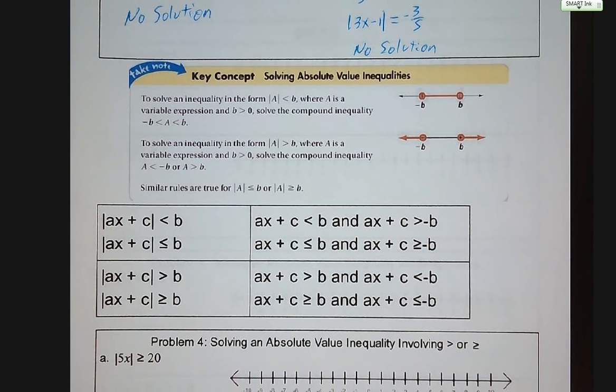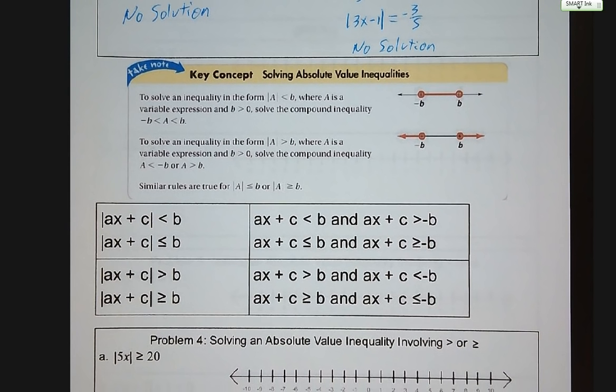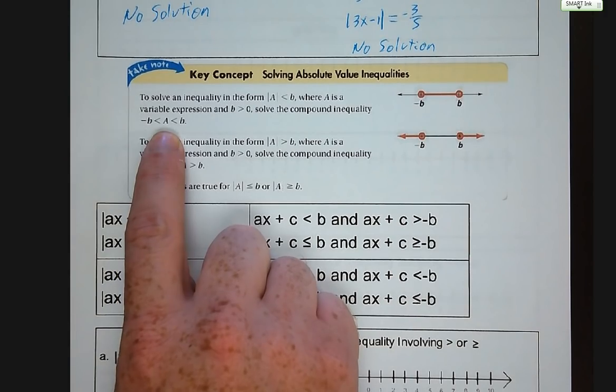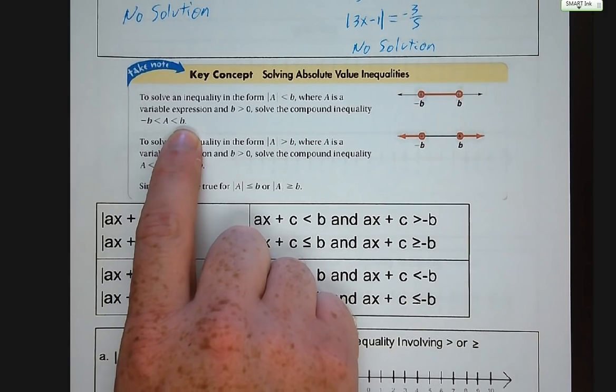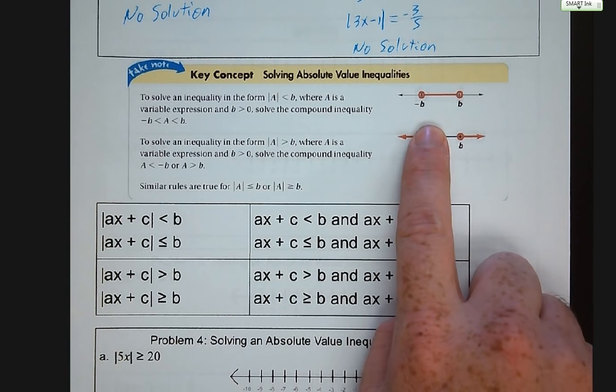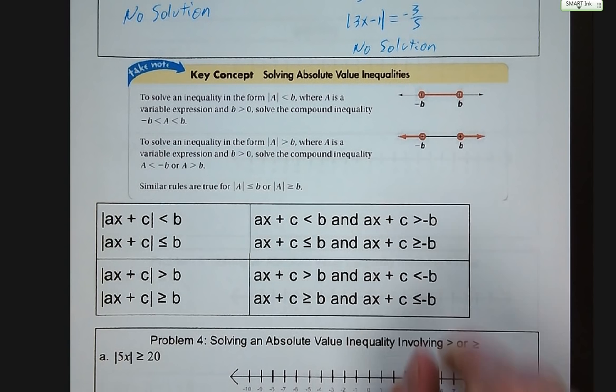When we have an inequality in the form the absolute value of A is less than B, and B is a number that is greater than 0, we solve the compound inequality, the opposite of B less than A less than B, which is this one right up here. So it's going to be an AND.